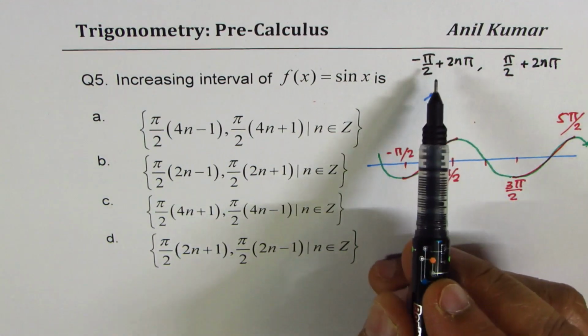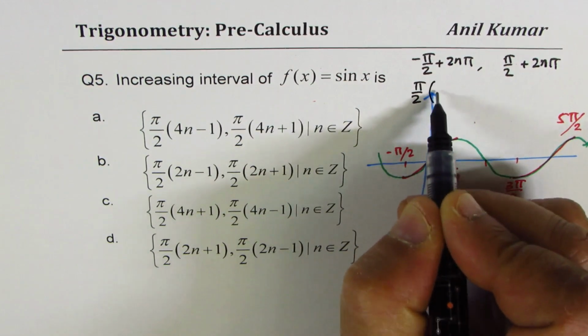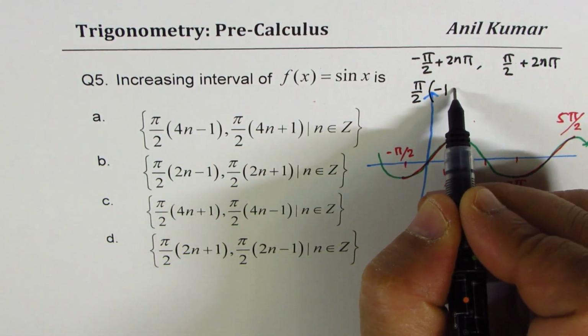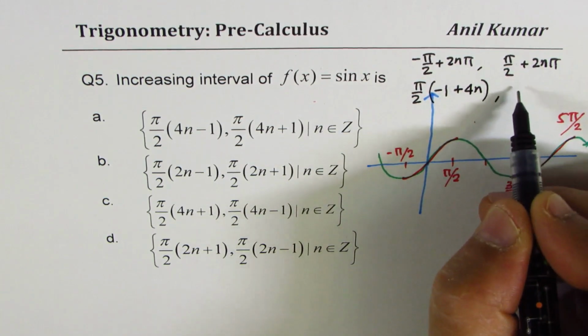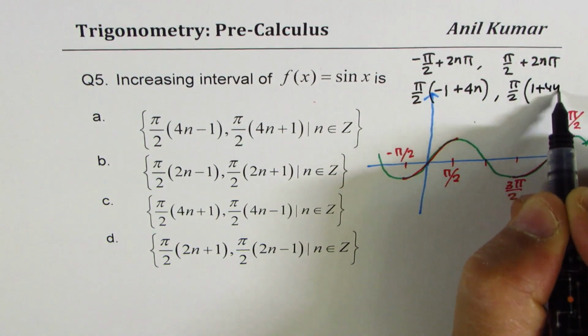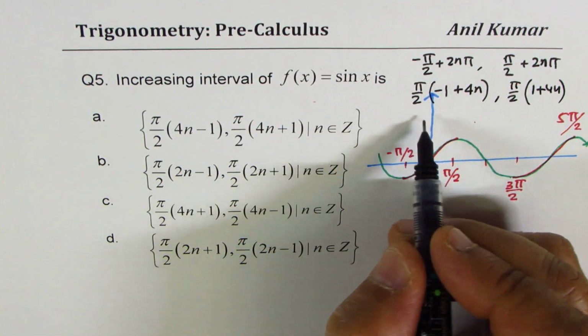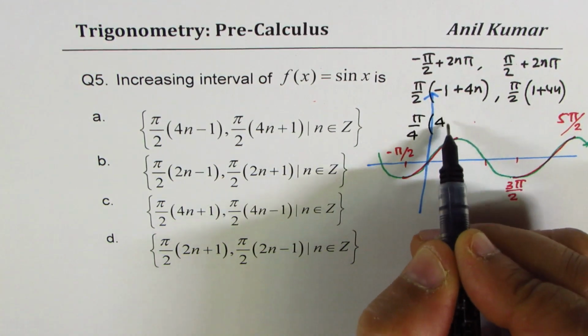To write a general term, we can factor pi by 2. So if I factor pi by 2, I get minus 1 plus 4n. And in this case, if I factor pi by 2, I get 1 plus 4n. Just rearrange this. So you could say from pi by 2, better to write 4n first, right?